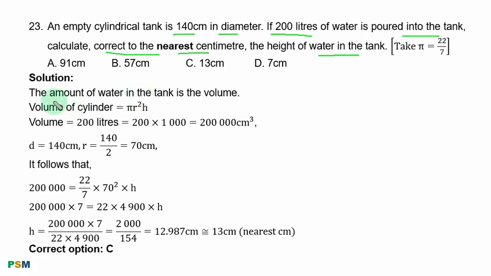Solution: the amount of water in the tank is the volume. Volume of cylinder is equal to pi r square h.